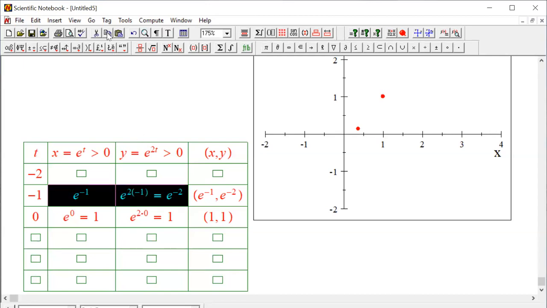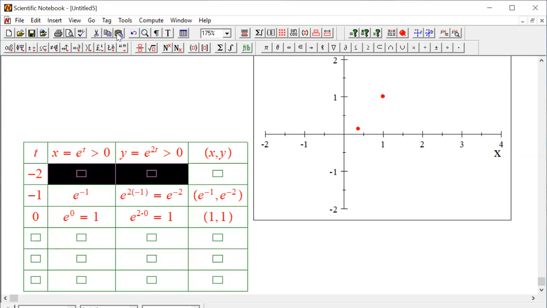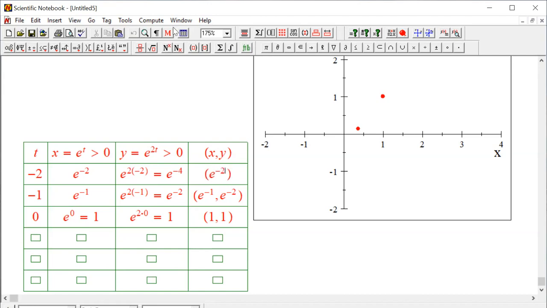And for -2, I'm just going to take a little shortcut here. When t equals -2, the other is -4. So the next point, the moment before -1, is e to the power of -2, e to the power of -4.